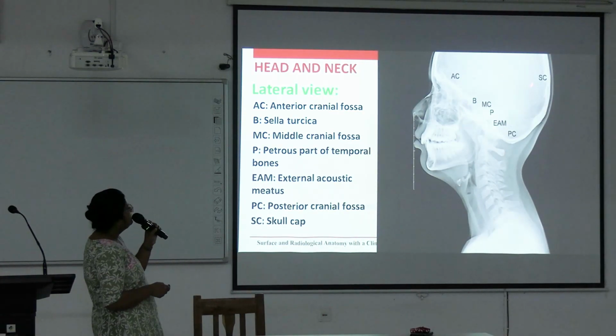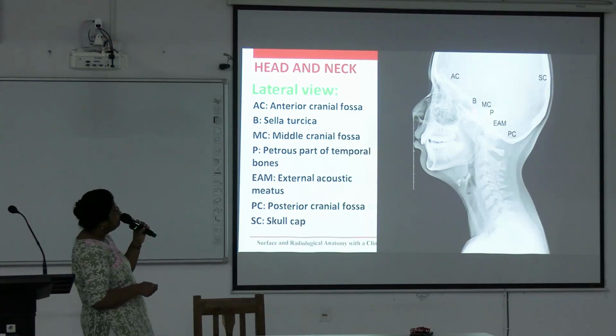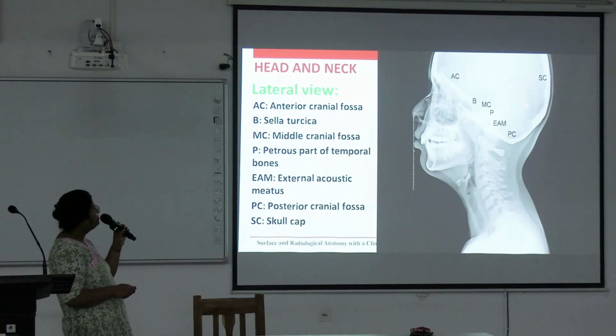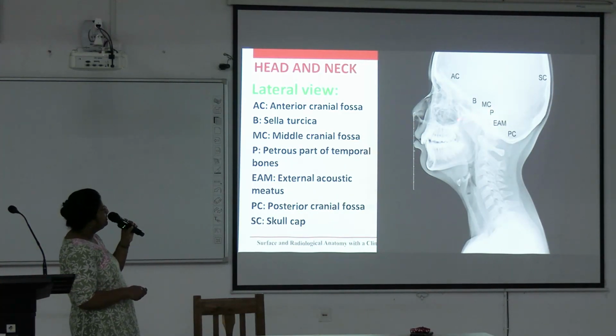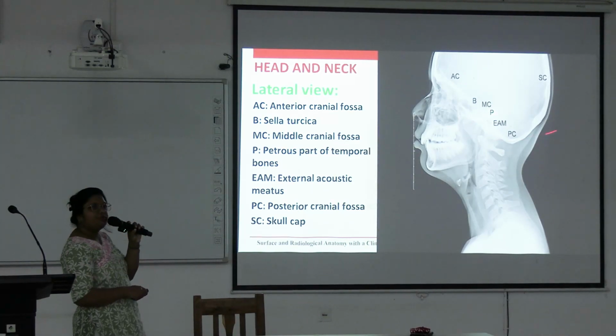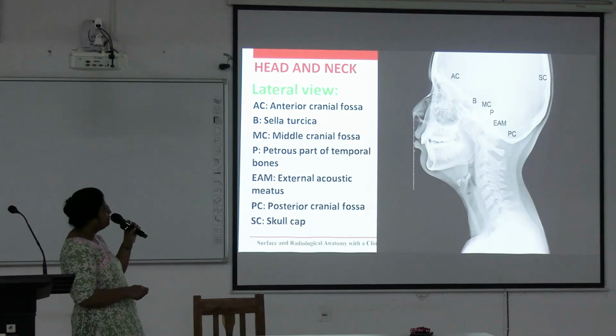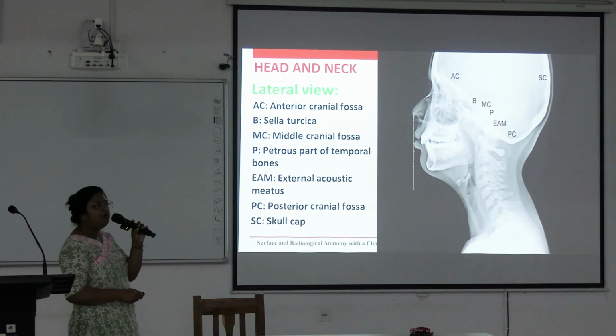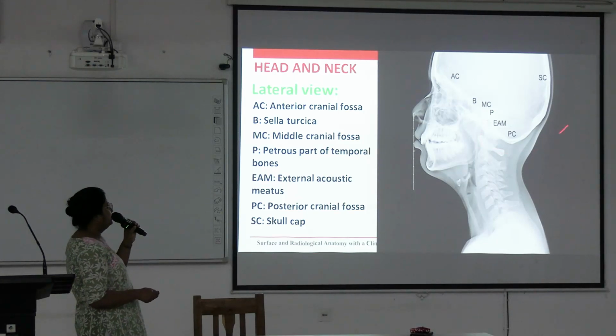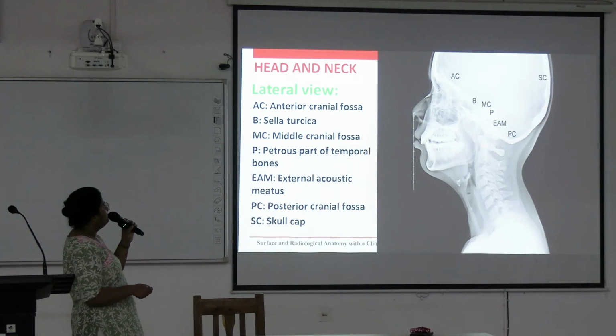Next, here is the middle cranial fossa. P is the petrous part of the temporal bone. Next, this opening is the external auditory meatus, and posteriorly is the posterior cranial fossa.